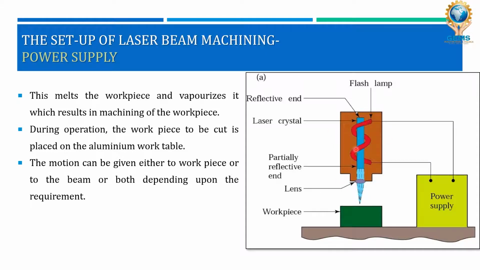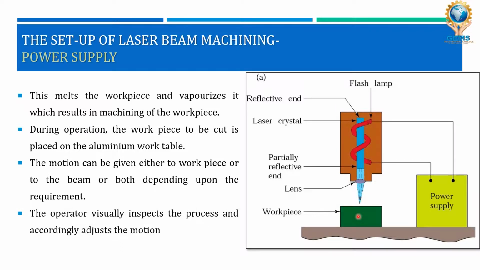You can do this movement by using either CNC operation or manual. And here the operator visually inspects the process and accordingly adjusts the motion.